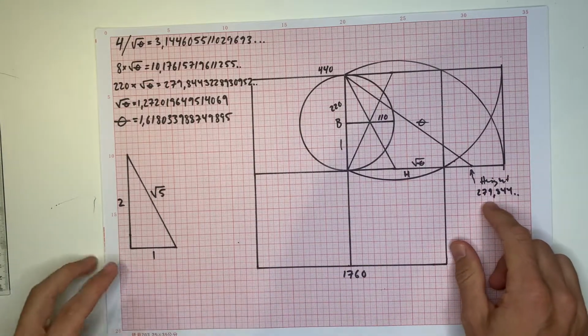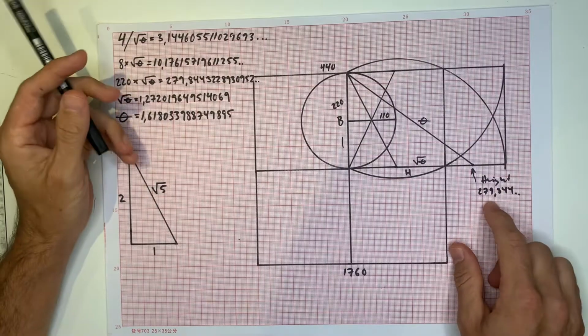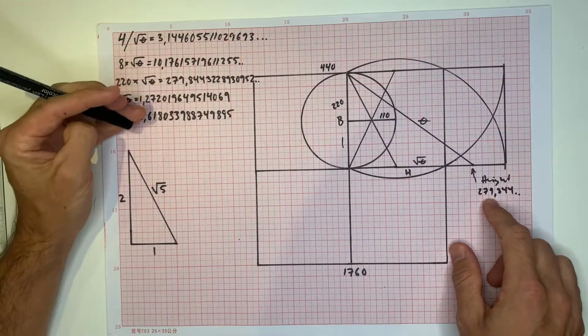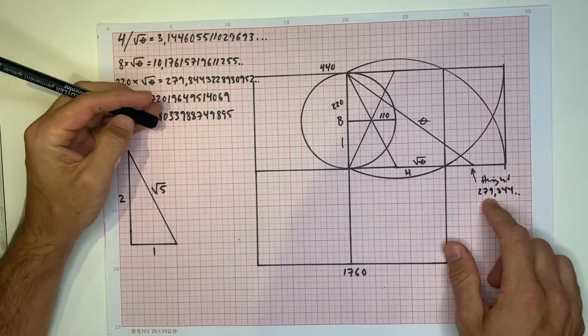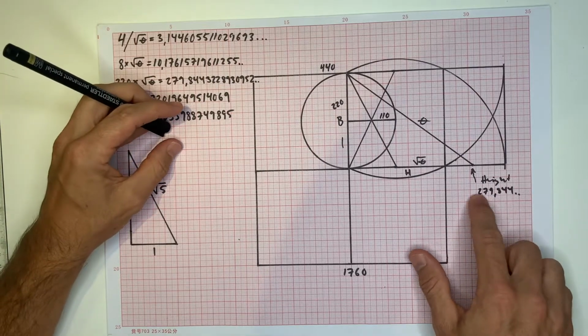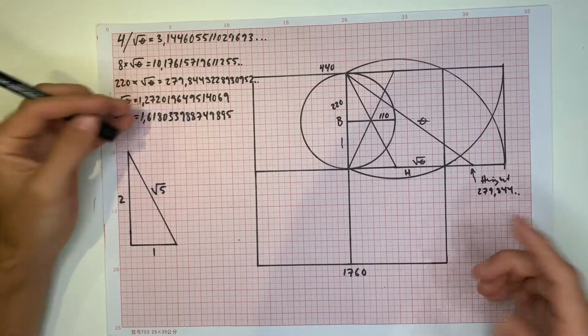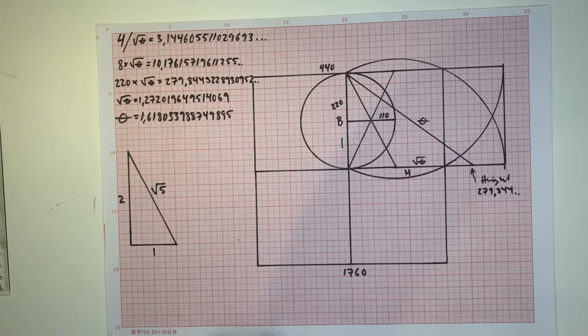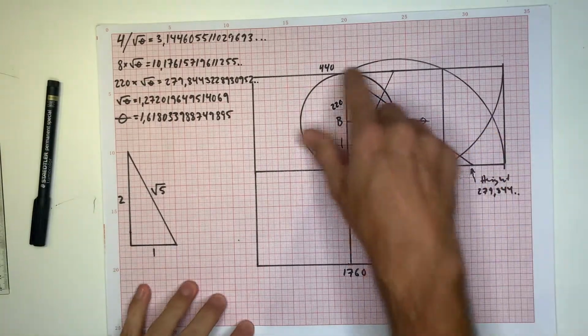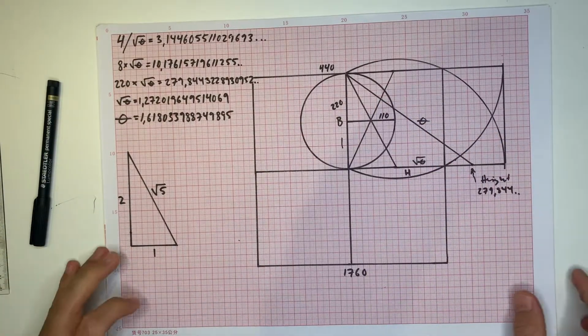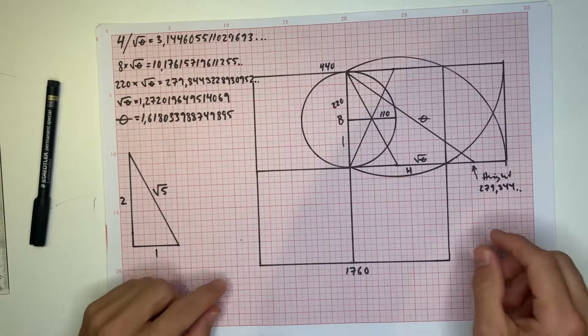This is very close to the height of the Great Pyramid, which is said to be 280 Egyptian cubits, which of course is very difficult to tell from this number. It's almost the same. So this is a way the pyramid might have been laid out.